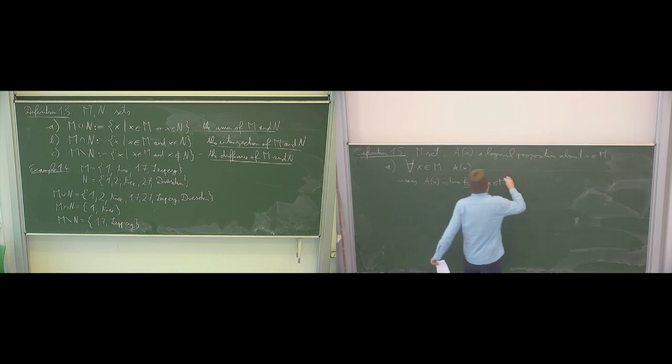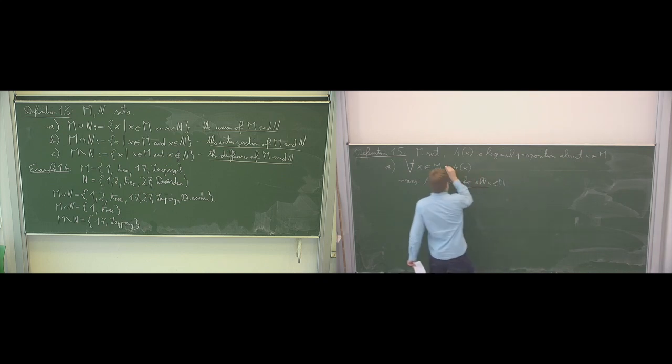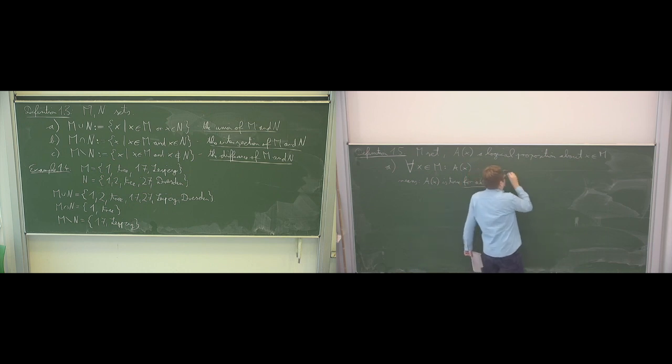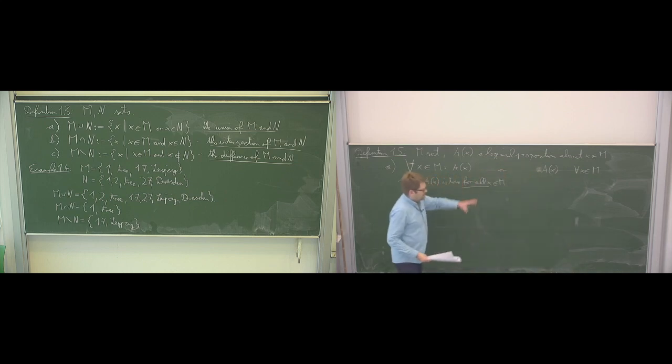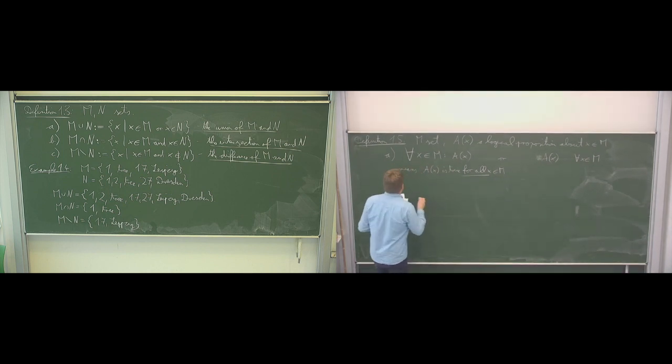A different way of writing this, you can either do it like this, and the colon basically says such that this is true, or another way of putting this is A of X for all X in M. So to put it behind. This is what I'm more used to and what I find more convenient later, but these are saying the same things. Okay, this is for all.